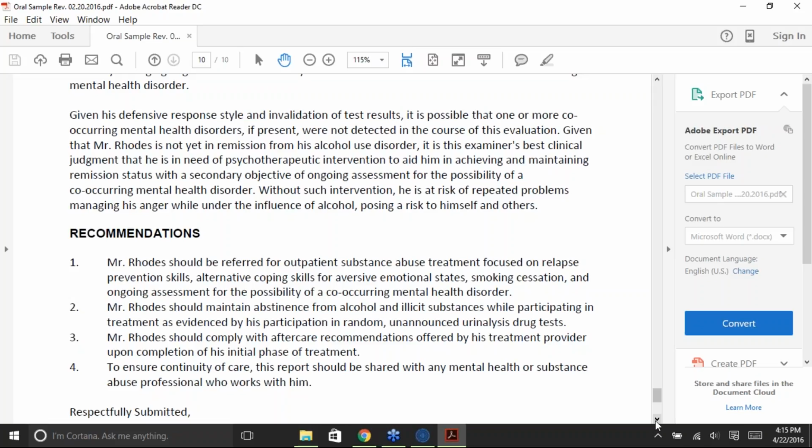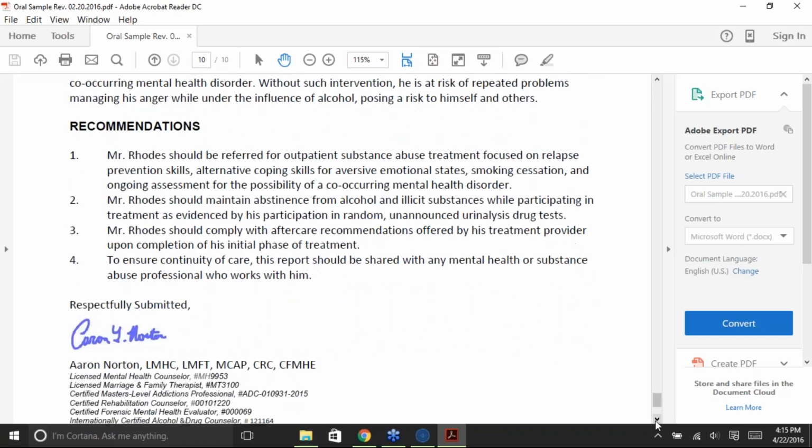Finally, to ensure continuity of care, this report should be shared with any mental health or substance abuse professional who works with him. I like throwing that in because this guy will go to a treatment provider, do a psychosocial assessment as he starts his treatment, and BS his way through it, just like he did with me. He'll minimize and underreport, and then the treatment provider won't provide adequate treatment.